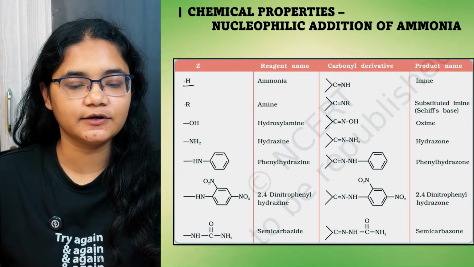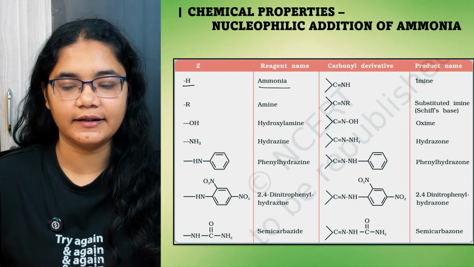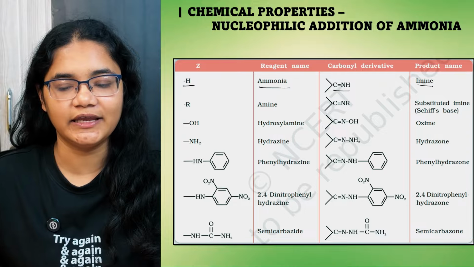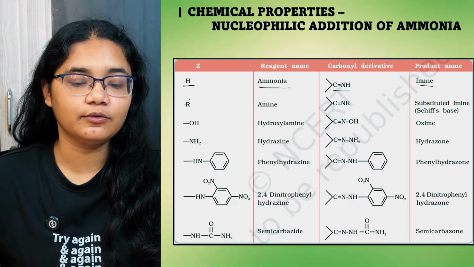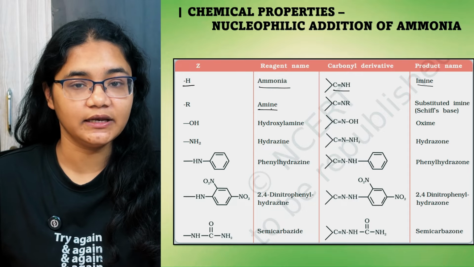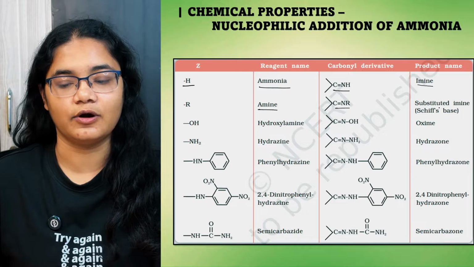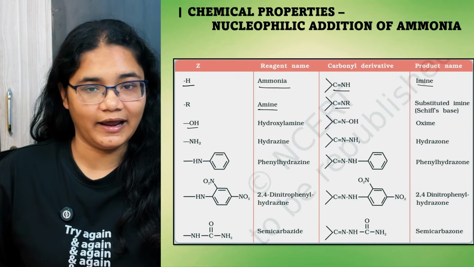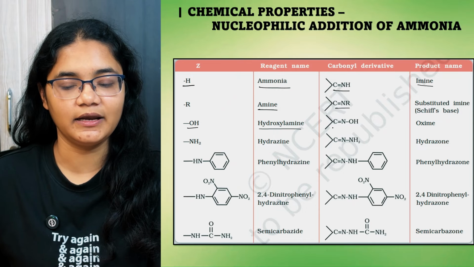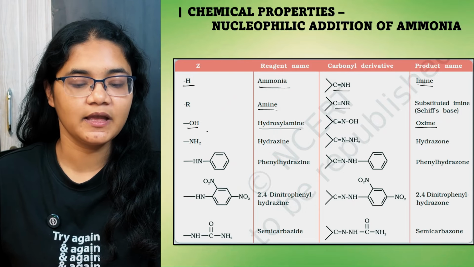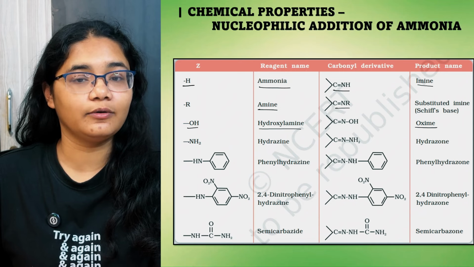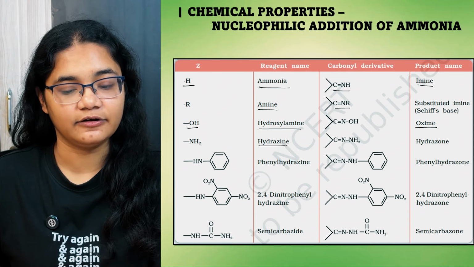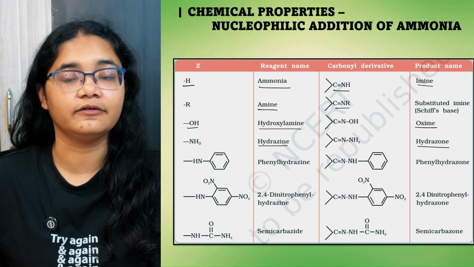If Z is equal to H, then it is simple ammonia, and the product formed is an imine. If Z equals R, then it is an amine, and the product formed is called a substituted imine. If Z equals OH, then we call it hydroxylamine, and the product formed is an oxime. If Z equals NH2, then it is hydrazine, and the product formed is hydrazone.